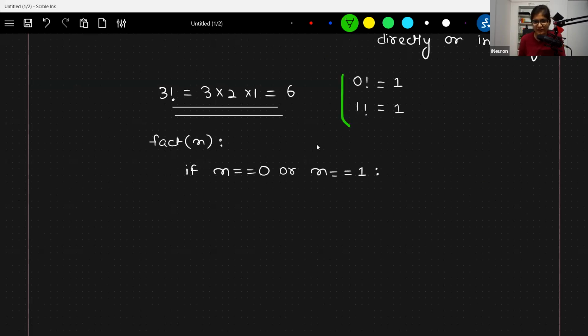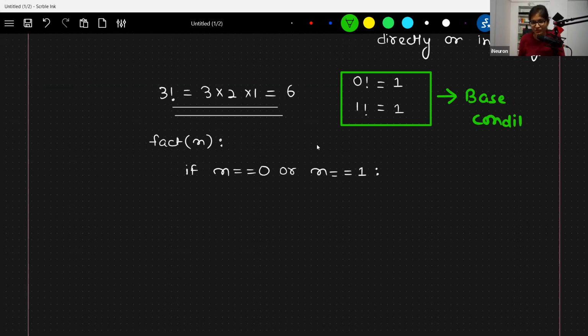In the language of data structures and algorithms, this is called the base condition, where we know that our code should terminate. So when the value of n is equal to 0 or 1, simply return 1, because at that point the factorial will always be equal to 1.